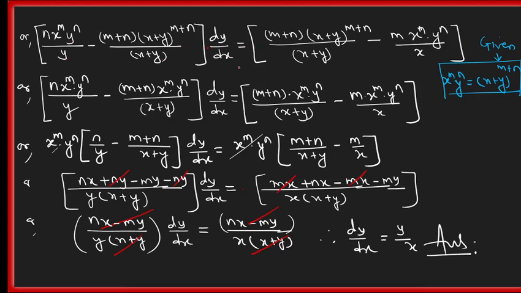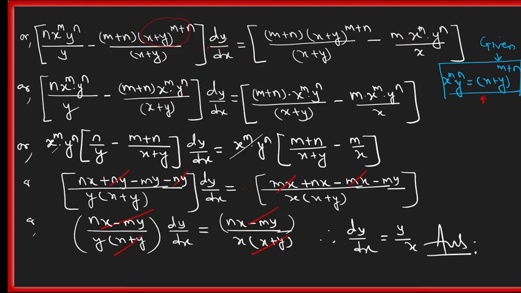And similarly, m plus n x plus y to the power m plus n by x plus y minus m times x to the power m y to the power n by x. And we know x to the power m times y to the power n is equal to x plus y to the power m plus 1, so this part is replaced by x to the power m y to the power n.